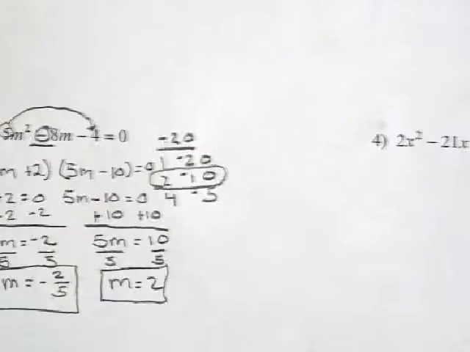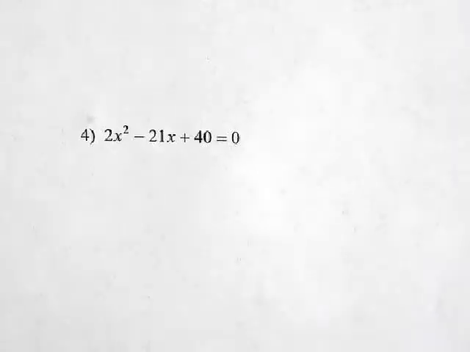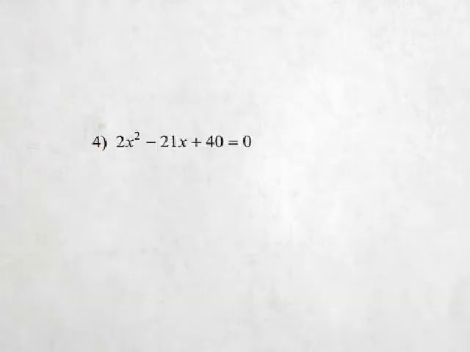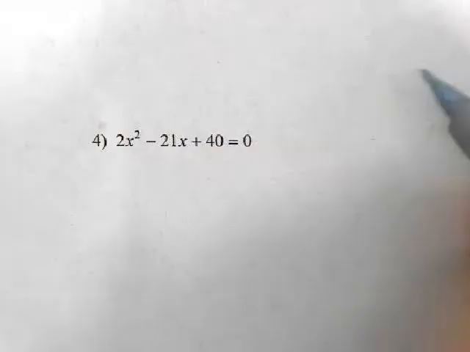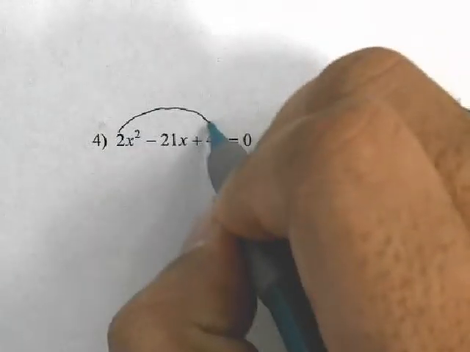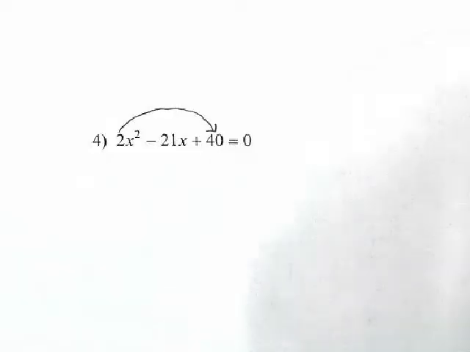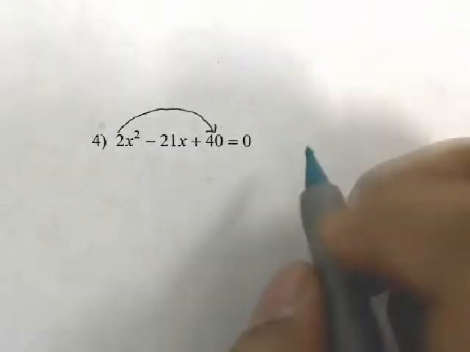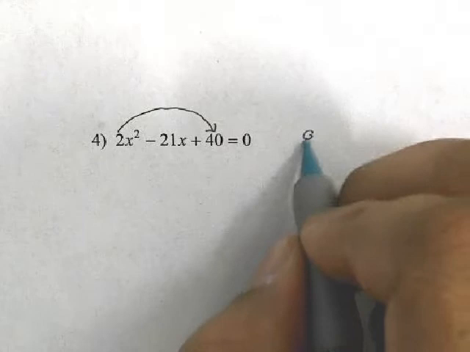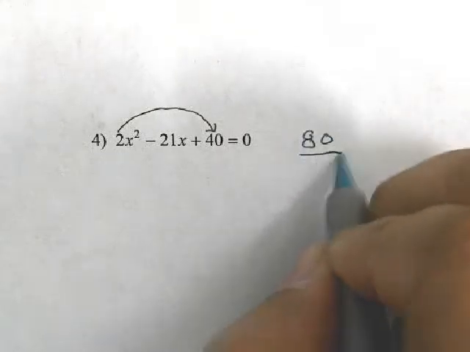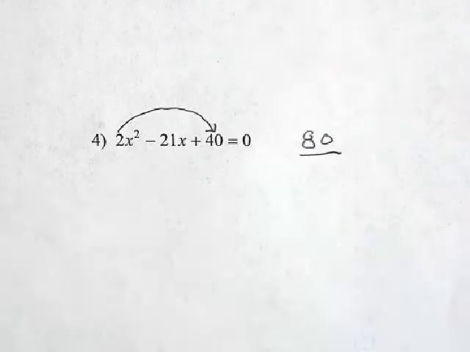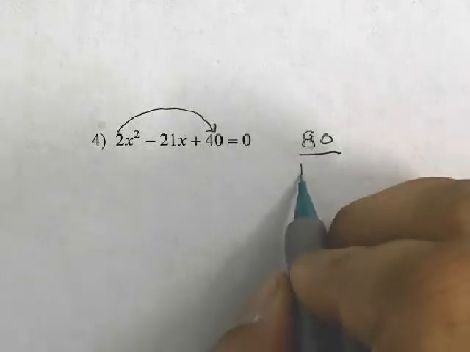Alright. Uh-oh. Number 4. Didn't see that one coming. This is 2 times 40, which is 80. Now, let's write the factors of 80. Start with 1 and 80.